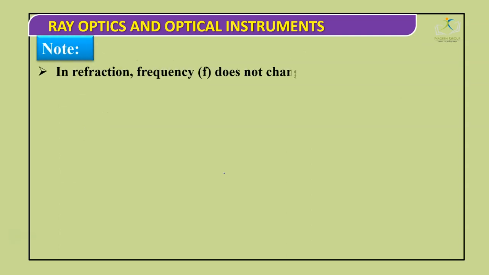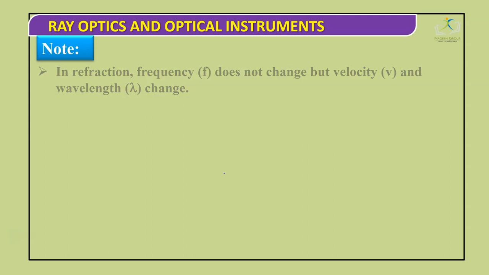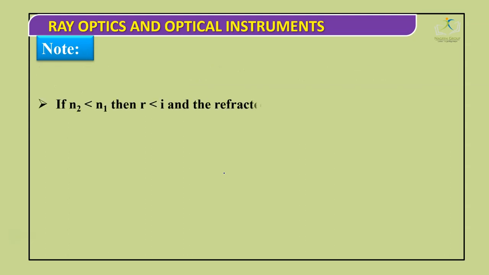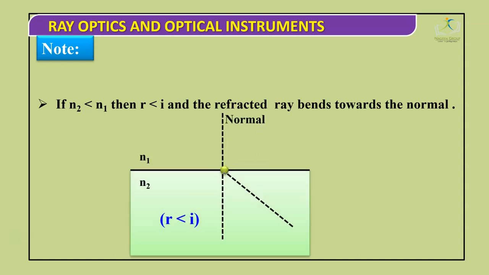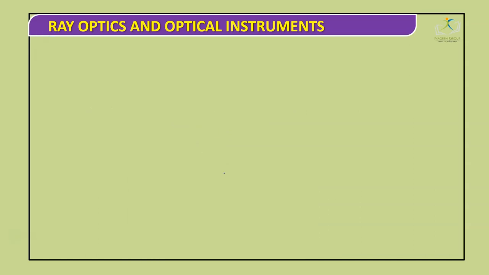A few points which you have to note down. In refraction, the frequency f does not change, but velocity and wavelength change. If n2 is greater than n1, then r is less than i, and the refracted ray bends towards the normal, as you can see. When the light ray is incident at the point of incidence, it would go in a straight path, but it will actually bend towards the normal.